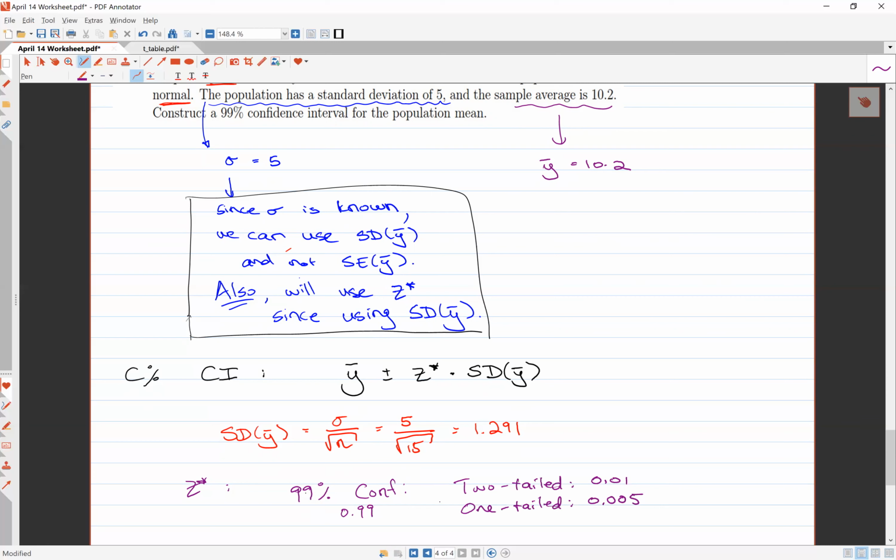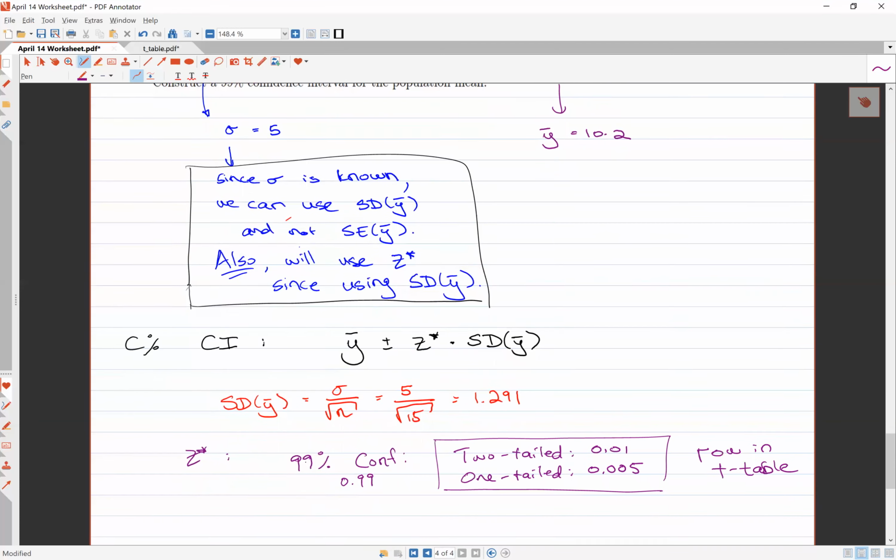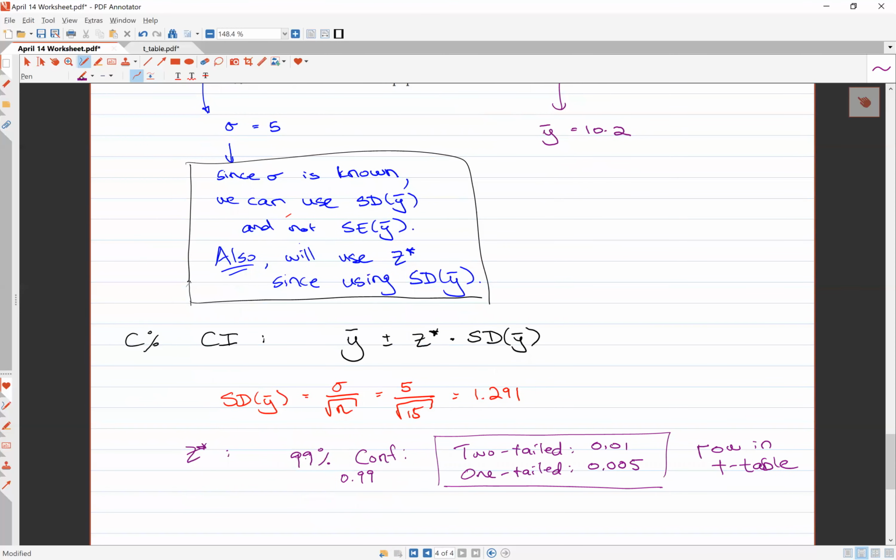So we will still use that specific row. Even though we're trying to find a Z star value, we're still going to use the T table. The way you find the Z star value from the T table is you set the degrees of freedom equal to infinity.